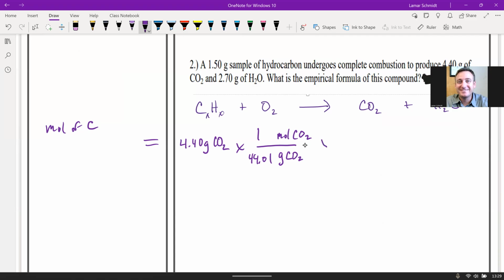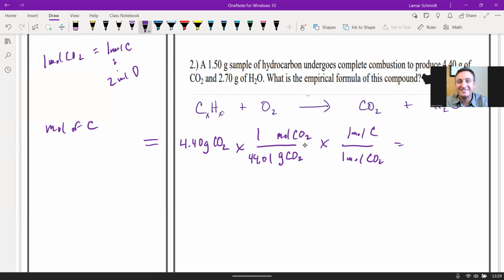Carbon. So this is something we learned in Unit 1.1 and 1.2: 1 mole of carbon dioxide is equal to 1 mole of carbon and 2 moles of oxygen. Now, we only need to know how it relates to carbon. So 1 mole of carbon dioxide is equal to 1 mole of carbon. Yes, you do need to show that, even though it's not changing your numerical value, because that shows you know the concept and how you're getting that.